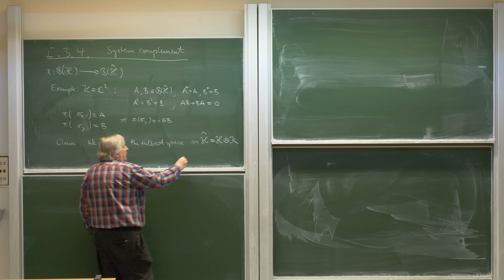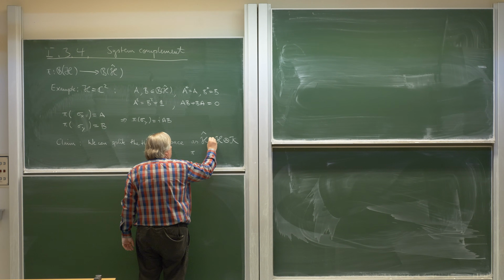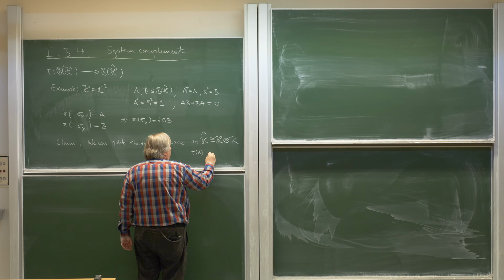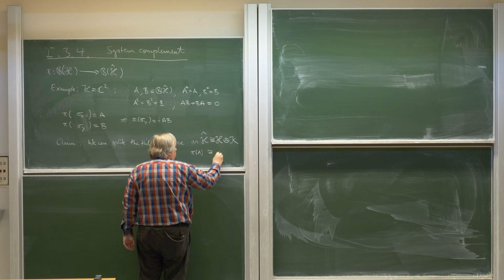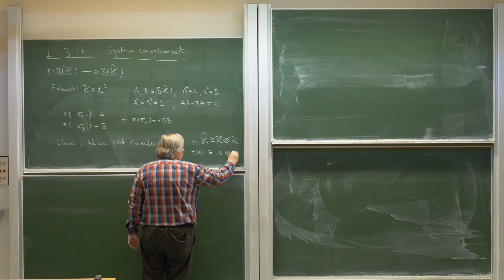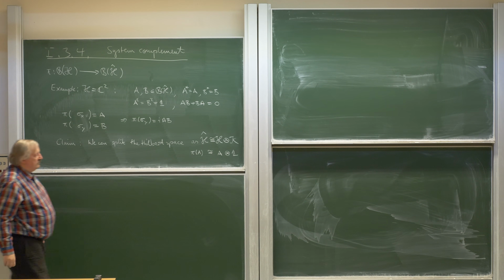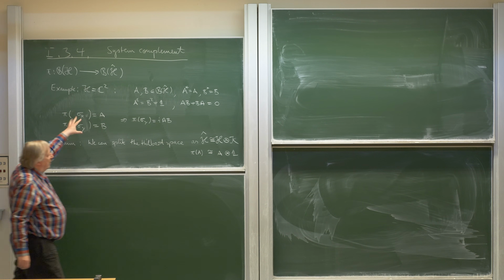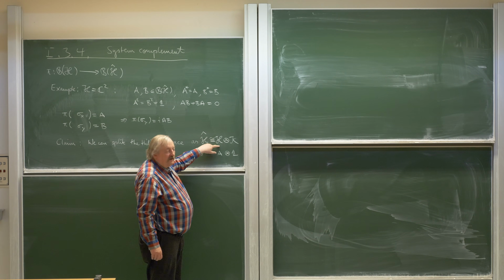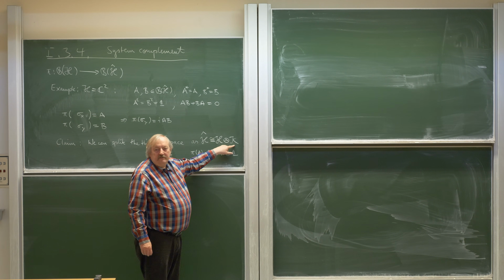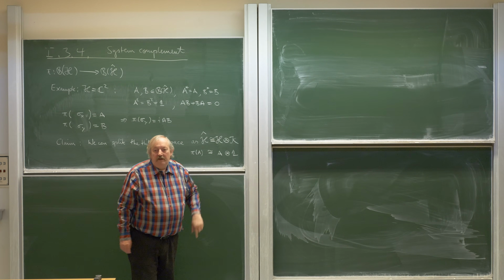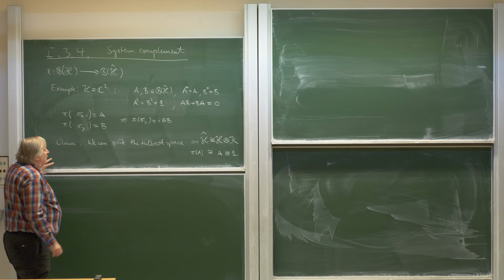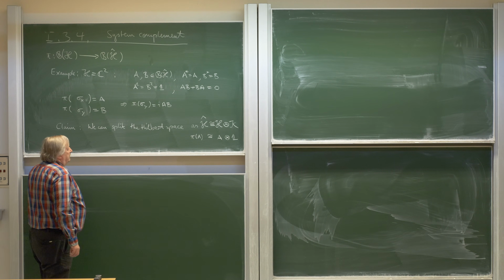Oh yes, I should say that this is an isomorphism, and pi of any operator under this isomorphism just becomes A tensor 1. So the qubits live in the first tensor factor, but there's also a complement, there's another Hilbert space that describes the rest of the system. So let's formulate that theorem.